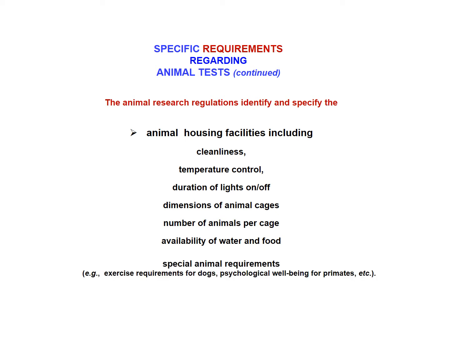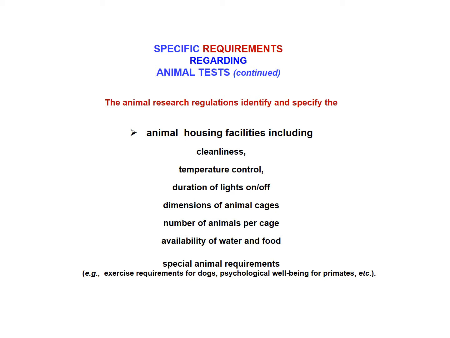Special animal requirements are also specified by these laws. For example, dogs, which are not used as much in research these days, but if they are used, the facility should provide a room or space for exercise.